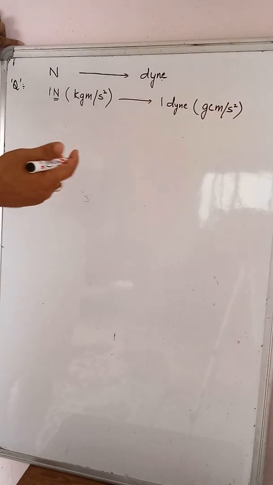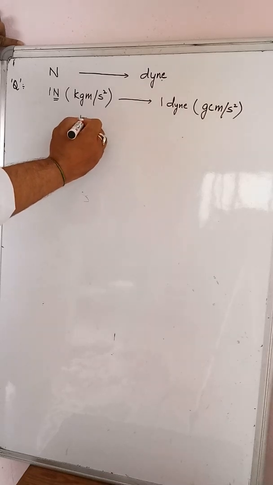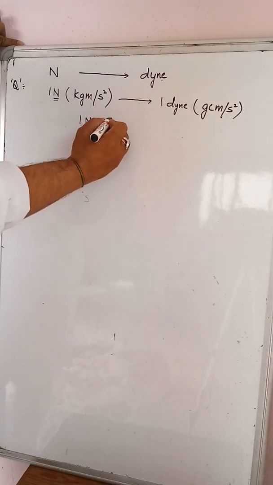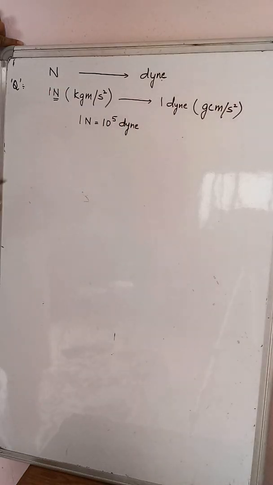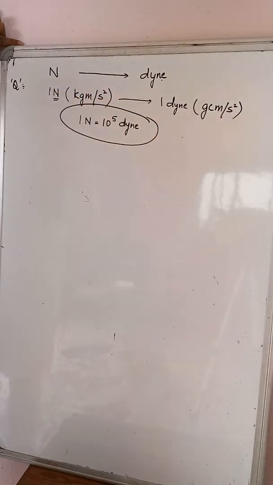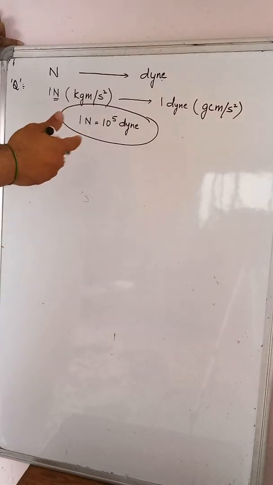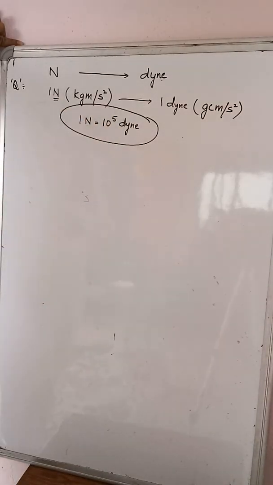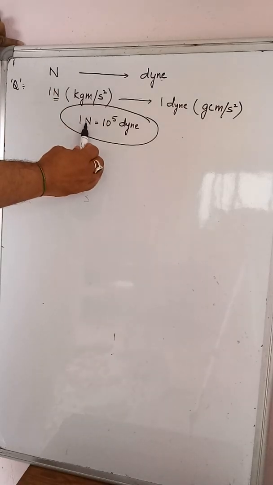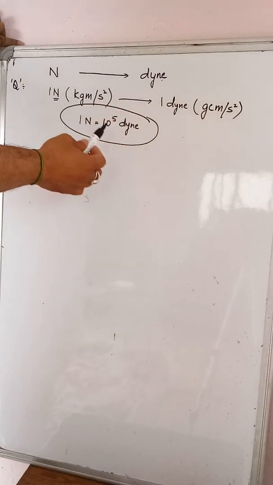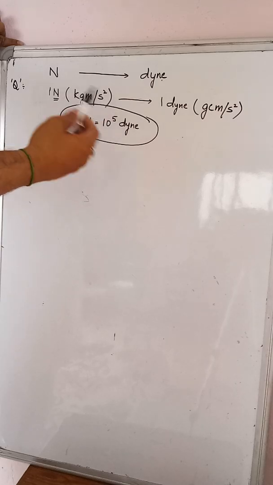Most of the students already know that 1 Newton is equal to 10 to the power 5 dyne. Now my point is, how do you come to this relationship? You can just open a book and learn this up also, but that's not the proper way. We should understand how we got 1 Newton is equal to 10 to the power 5 dyne. Where did this 10 to the power 5 come from?